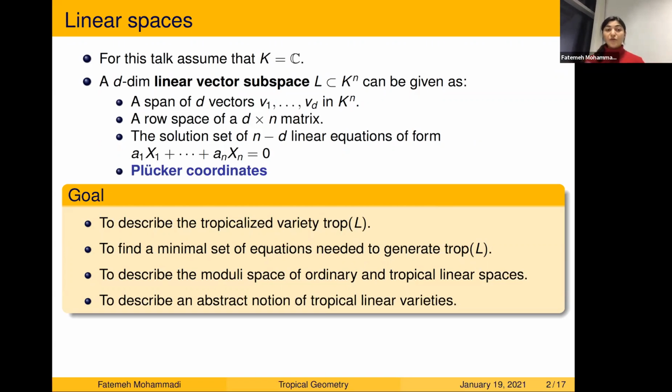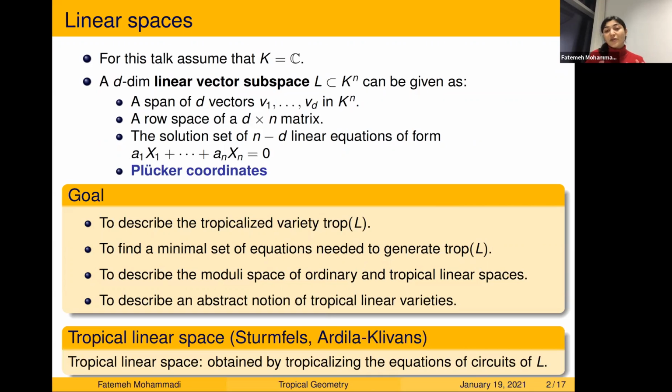Okay, perfect. And what do we mean by looking at combinatorial conditions on tropicalized varieties? If you look at the combinatorial description of your tropicalized varieties, it turns out that these spaces have some nice properties.